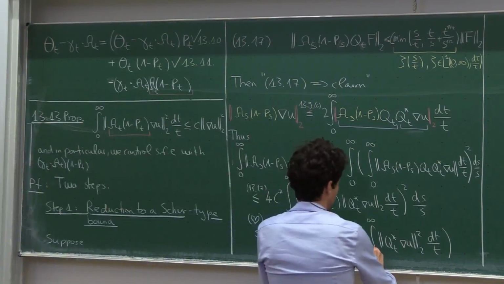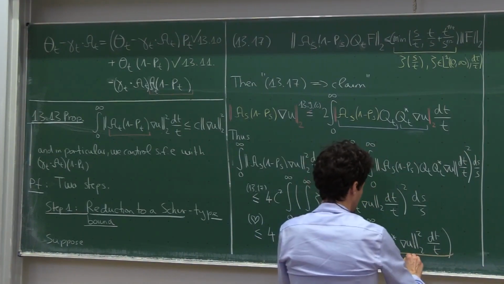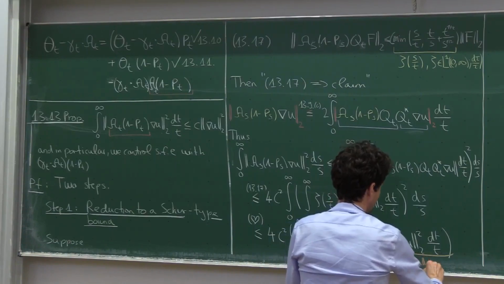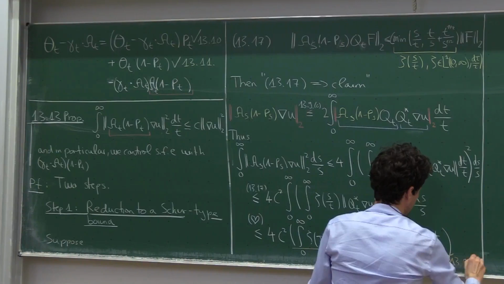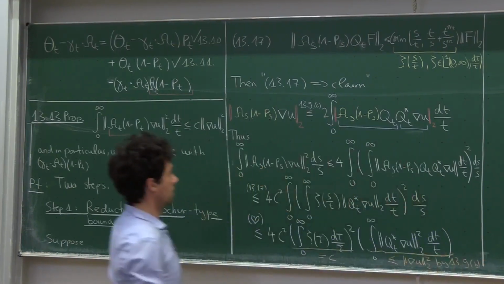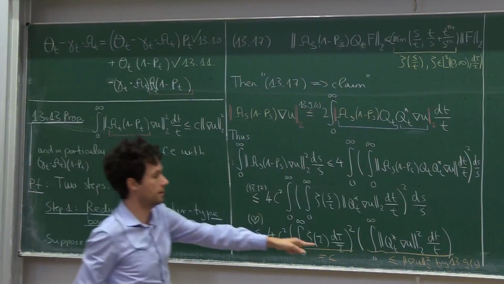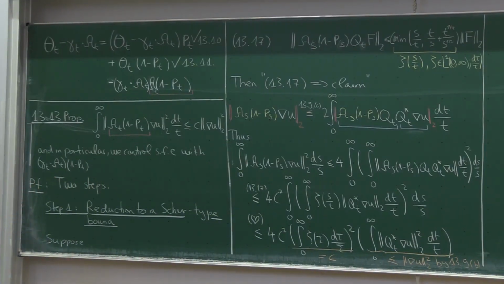The adjoint quadratic estimate in 13.9b says that this is bounded by the gradient of u squared. Okay, and then you see you control the square function exactly in the way that you want it. So I do not have to worry about the square function estimate anymore.